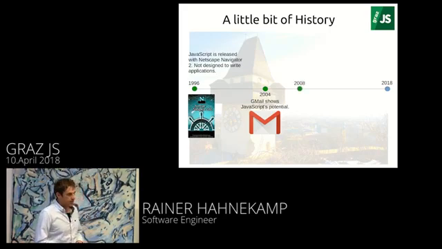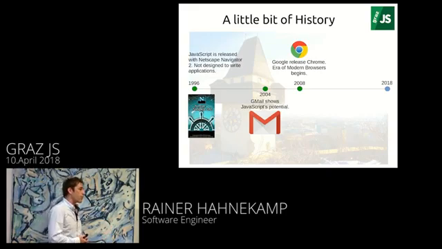This lasted until 2008, and again it was Google that released its own browser because they saw that the other browsers weren't doing that much, and they called it Chrome. And I would say this is actually the beginning of the era of modern browsers, because from this day on also larger applications or JavaScript in general were executed really fast.